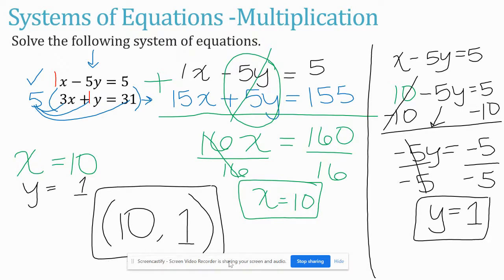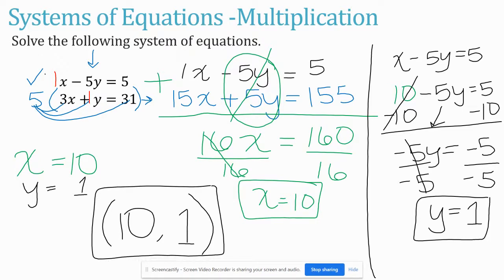Okay, so just to refresh, I know there were a couple different things we could have done here. I wanted to make sure that you guys knew exactly that there are 2 different ways you can solve this. You could have multiplied this first equation by a negative 3 to create these inverses, negative 3x and 3x. Or we could have multiplied this bottom equation by 5 to create inverses of negative 5y and 5y, which is what we did.